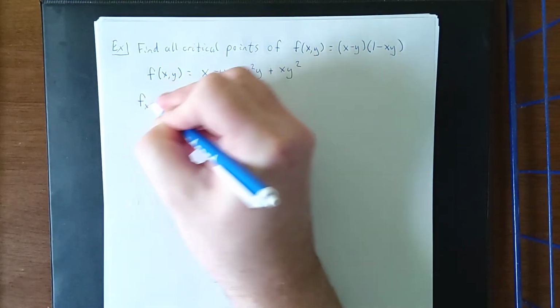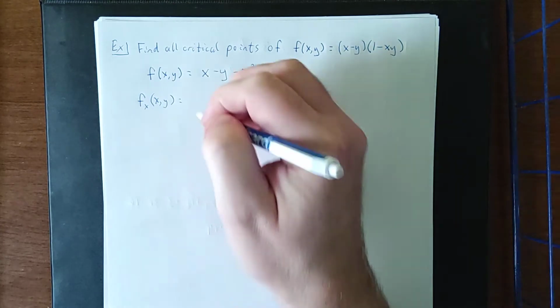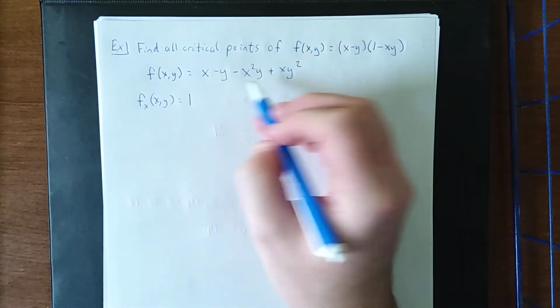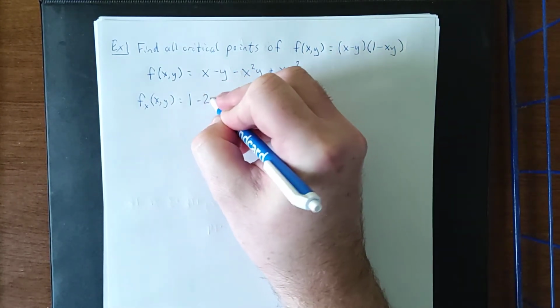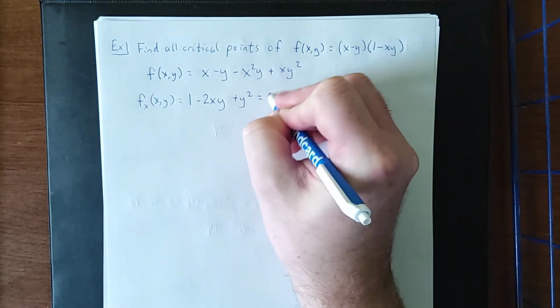Now we'll take a couple of partial derivatives. Partial derivative of f with respect to x will be equal to x becomes 1, minus y will go to 0, and we'll see a minus 2xy, and plus y squared. That'll be equal to 0.